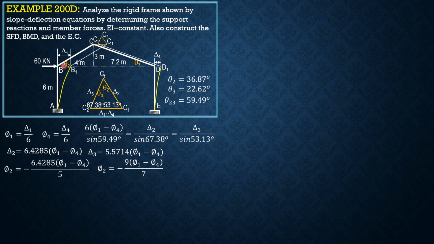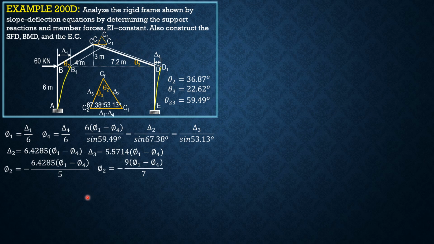So from B1 to CF, the chord rotates counterclockwise. That's why it is negative. While from CF to D, it is clockwise, so it's positive.